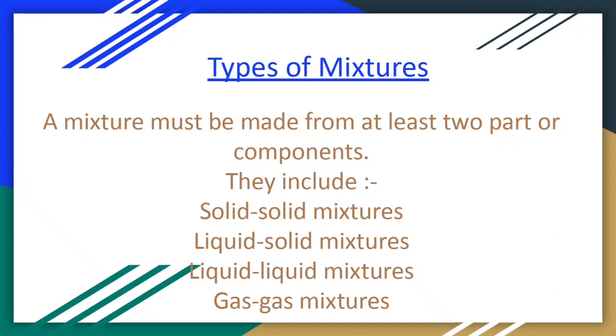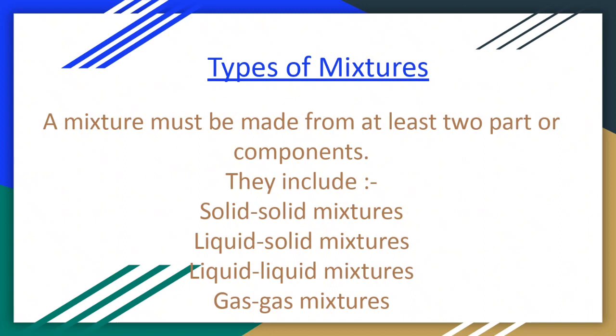Now, the three states of matter in nature appear mainly as mixtures of one with the other. When you consider the three states of matter, which are solids, liquids, and gases, mostly they appear combined together. They appear as a mixture. And a very good example of that mixture is air.